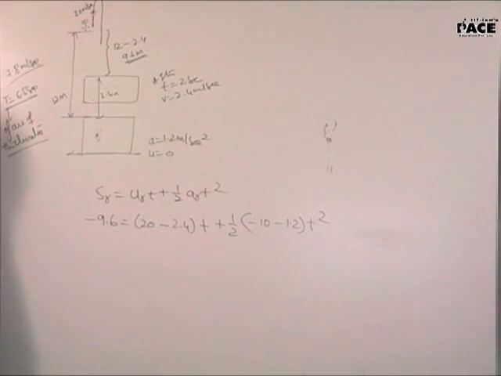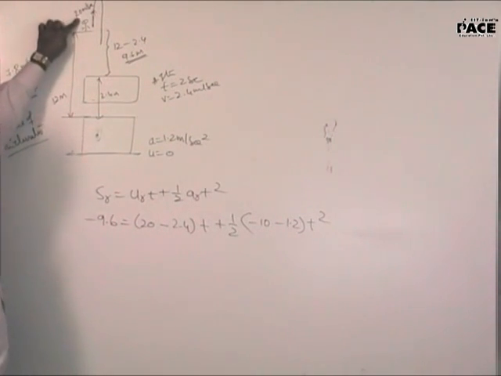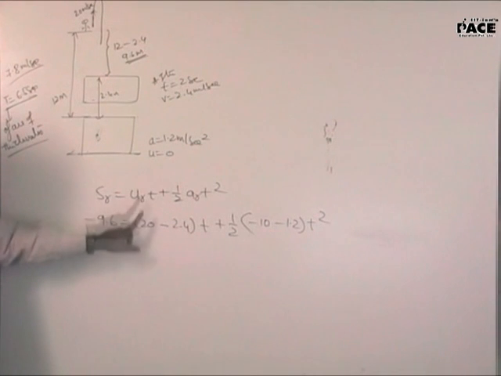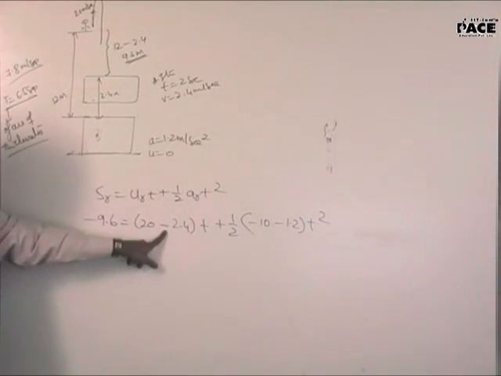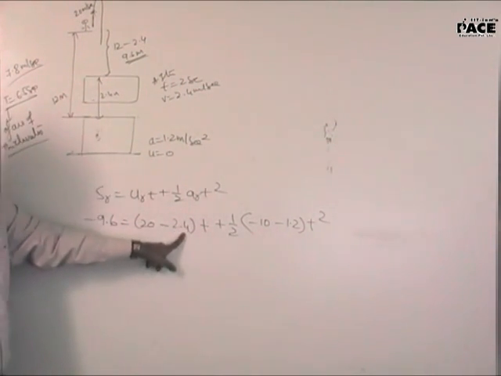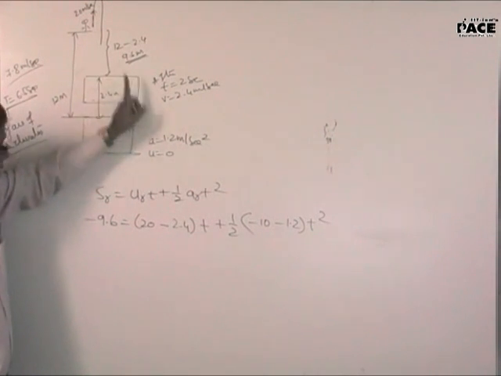The body is thrown upwards with a velocity of 20 meters per second, and this is the initial relative velocity. Upwards it will be 20 minus the velocity of the elevator, 2.4, in the upward direction.